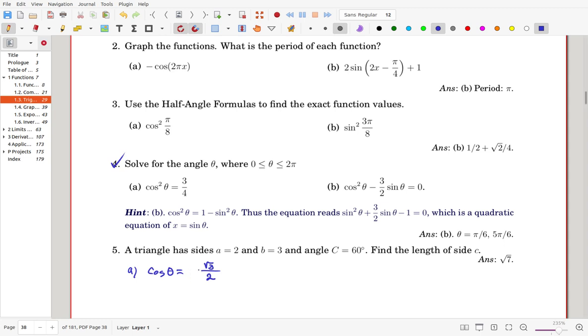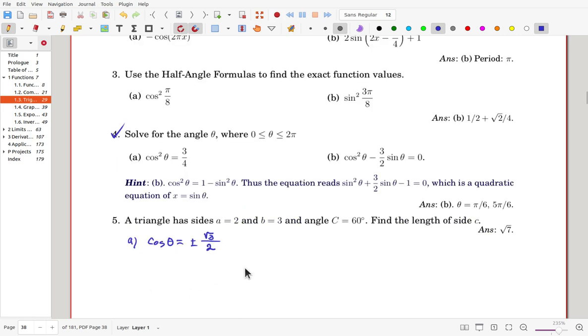The reason I put the empty spot here is that you have to put plus minus. The angle is restricted from 0 to 2 pi, but cosine theta in the domain can have a negative value, so you have to put plus minus.